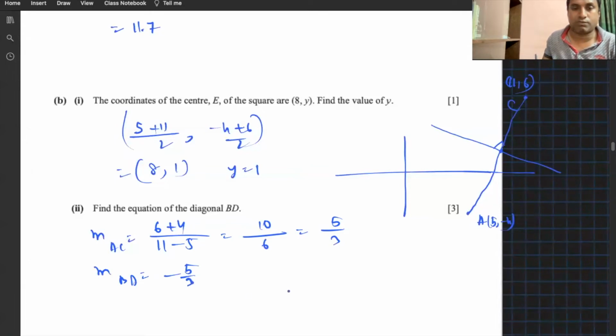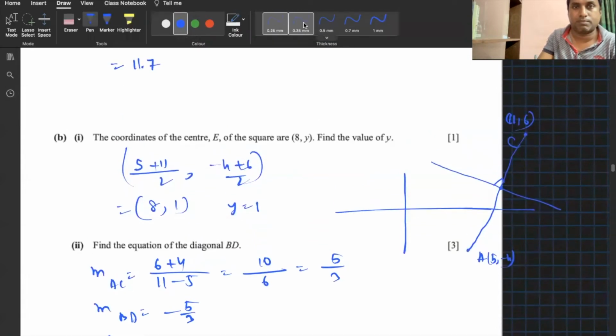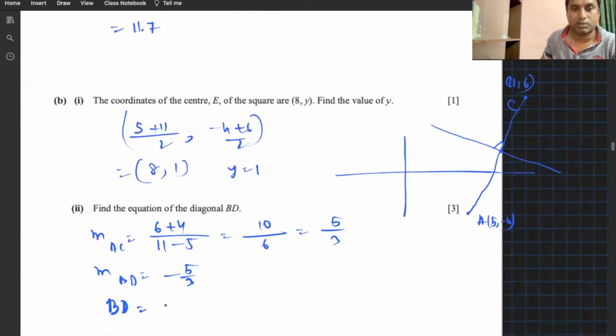So the equation of BD will be y minus y1 equals m times (x minus x1).